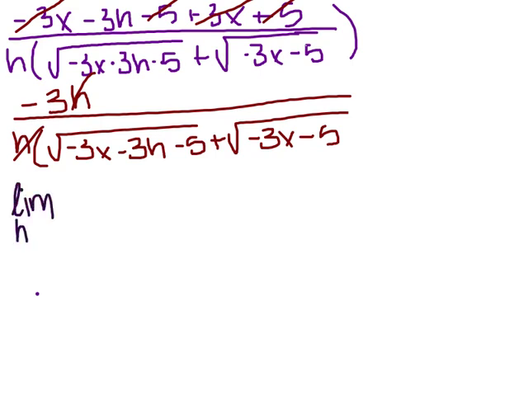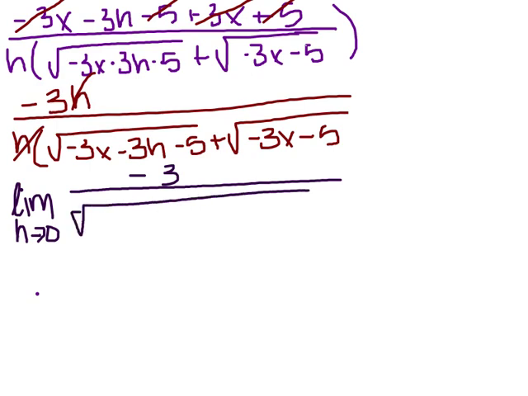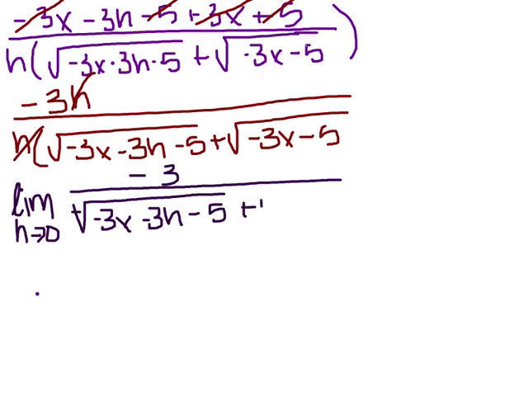Our equation becomes the limit as h approaches 0 of negative 3 over the square root of negative 3x minus 3h minus 5 plus the square root of negative 3x minus 5.